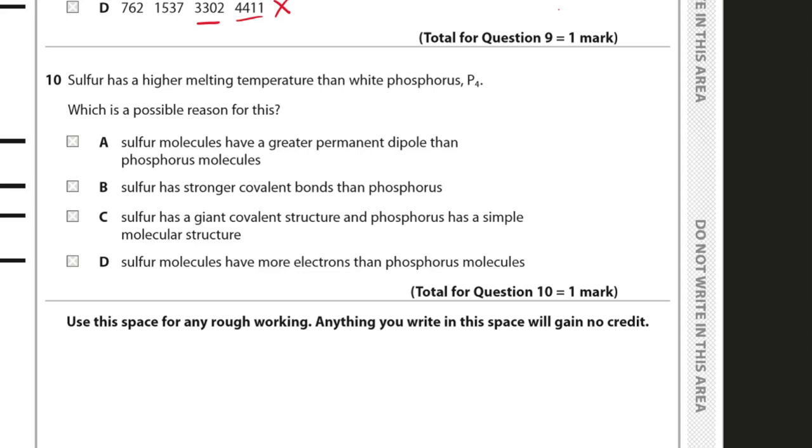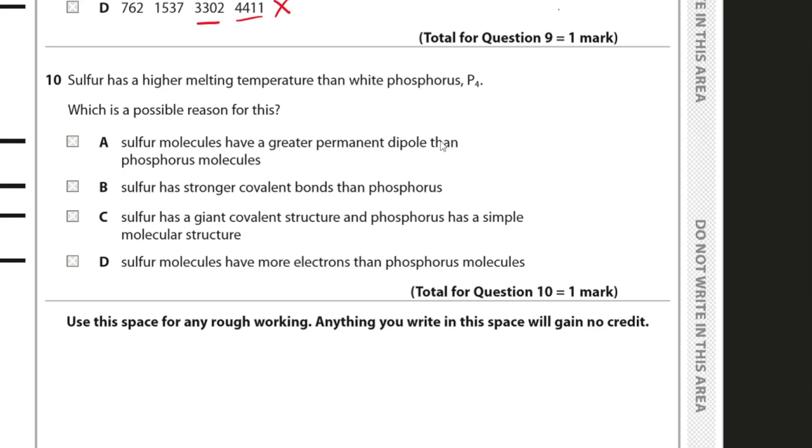Now, this might not be correct because there is no electronegativity difference between sulfur and phosphorus basically. So the question of a greater permanent dipole does not arise here, because permanent dipole depends on the polarity and the electronegativity difference, so that will not be a possible reason.